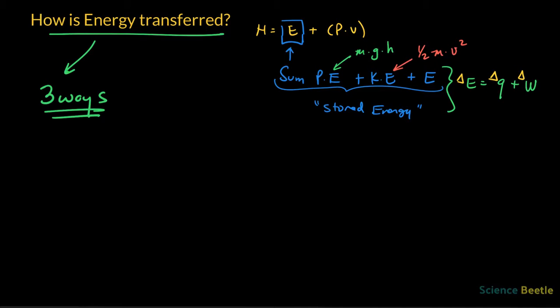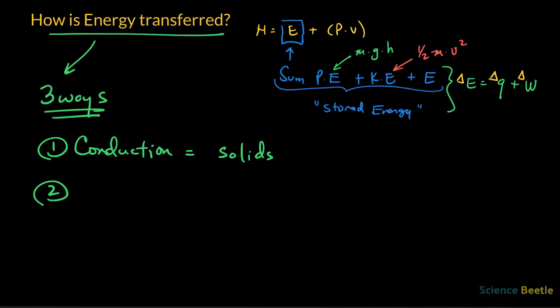And the very first way is known as conduction. And so conduction is essentially that transfer of energy that occurs with solids. Okay. The second method that energy is transferred is this notion of convection.